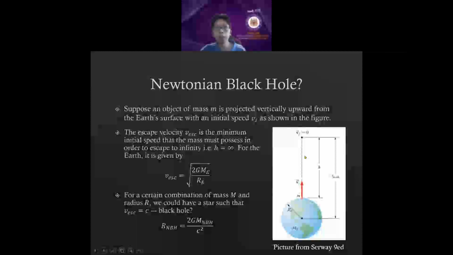The only acceleration is due to the gravitational force. So there is nothing actually stopping us from considering something that can accelerate upwards, right?